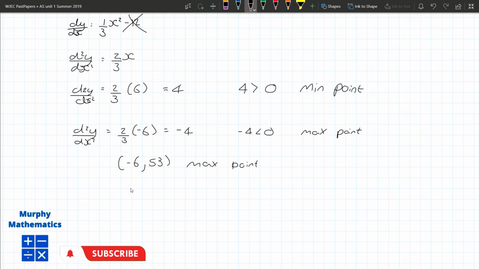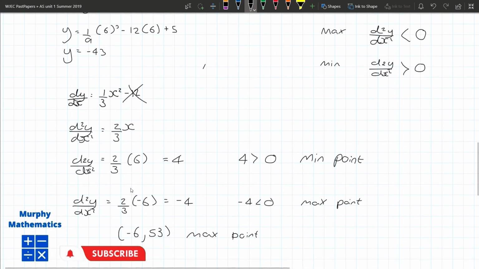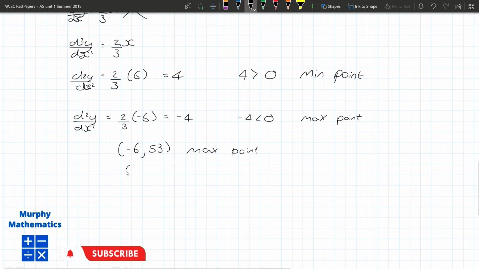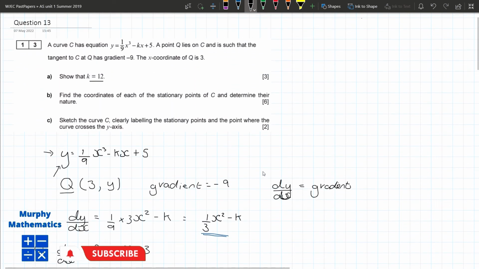And then I've got 6, minus 43. And that's my minimum point. And now what's the last part? Sketch the curve C, clearly labeling the stationary points and the points where the curve crosses the y-axis.